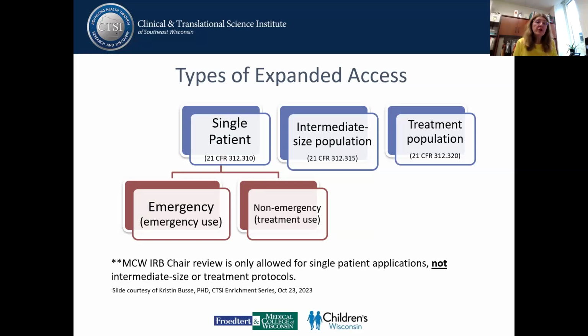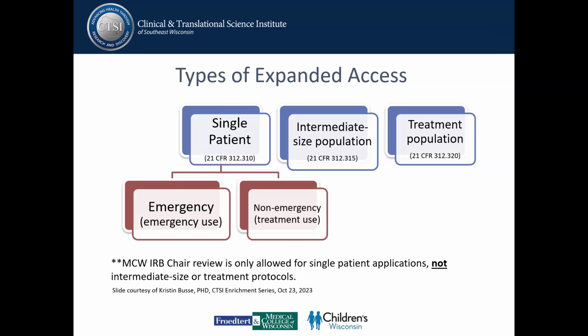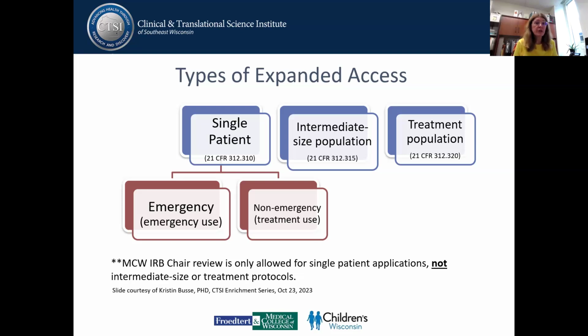So if there's going to be multiple patients being treated outside of a clinical trial, they still want to keep control of that. There have been a few situations where a physician can work with the drug company and open an intermediate size protocol, but it's not very common that I'm aware of.